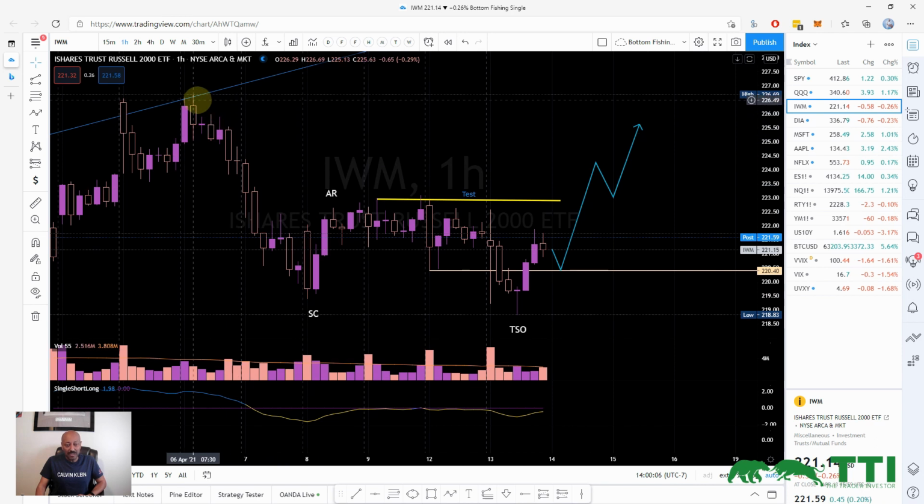So price pulled back, had a selling climax, automatic rally, meaning from that climax it has a rally, and then it comes down. Sometimes it comes down below the lows of the selling climax, sometimes not, and then it starts to test some highs.